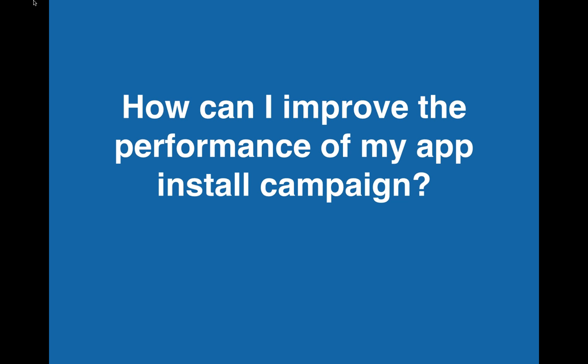When you say performance of my app install campaign, what are you optimizing for? What is the performance that you care about? Maybe just because it's an easy metric to measure, or because it's what the advertising industry has focused on, at least until now, it's CPI, cost per install.